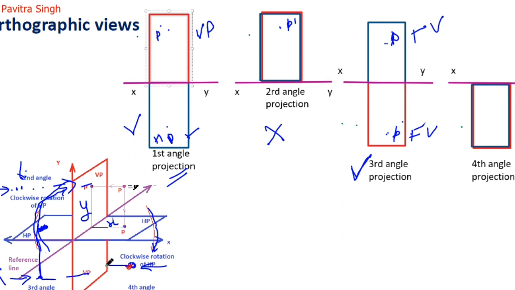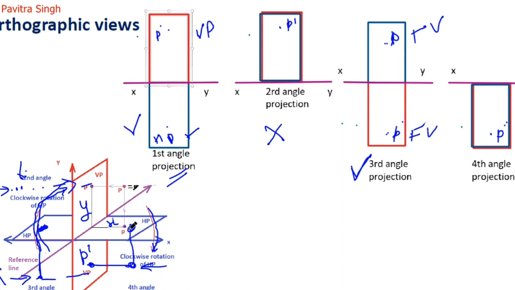So the shadow of this point. If we see this point P from the top, okay, suppose this HP is transparent, and someone is looking from the top towards this point. So the shadow of this point will be placed on this horizontal plane, and this horizontal plane will be rotated in the clockwise direction, and it will be above the XY line.